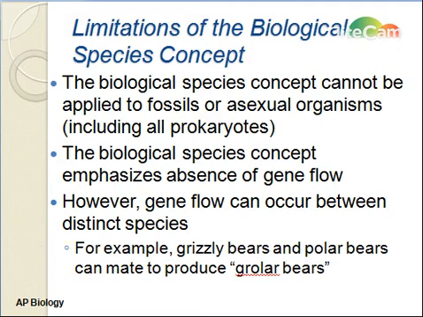And we have trouble when we look at fossils, because when we're looking at fossils, all we can see are the morphologic differences or similarities. We really can't look at any reproductive behavior or any other factors that may have influenced the gene flow between fossils. So the biological species concept is based on this absence of gene flow, yet we know that it can occur.